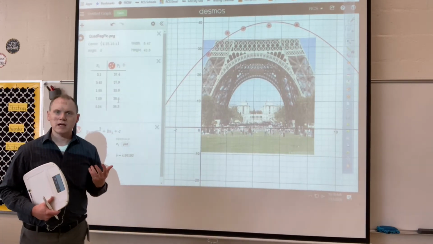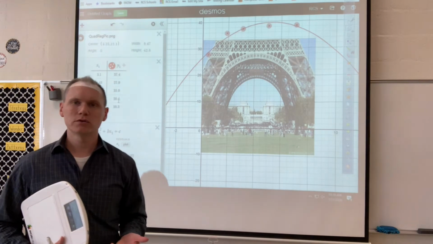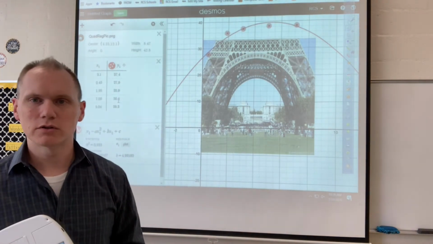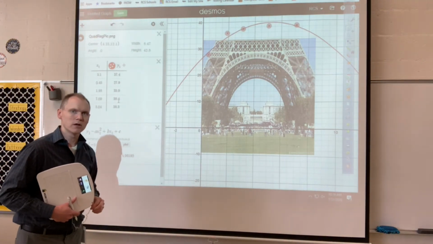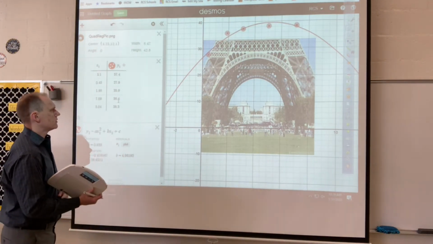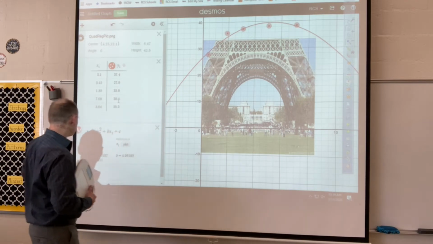So instead of having a linear function, now we're going to switch it up and have a quadratic function, because a linear function would not fit this very well, right? The r squared would be very low if we tried to do that with this arch.